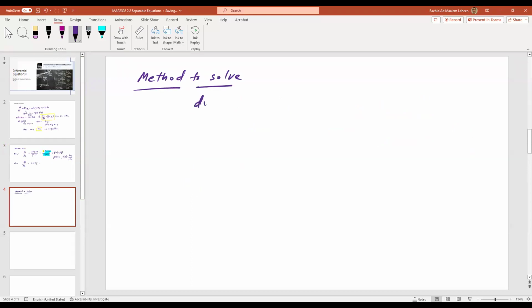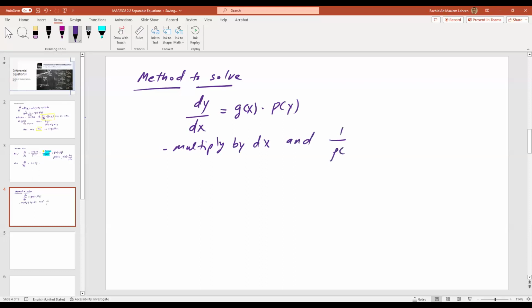Let's say here it is dy over dx. You have it separable, or you made it separable, like in that example where you factor so it is clear. Well, you're going to multiply by dx and 1 over p of y, which was called h of y in the introduction.